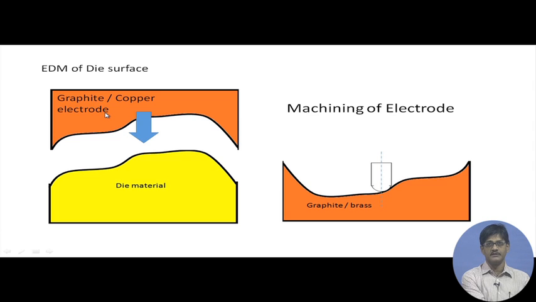But the problem remains: initially, how do we produce this complex 3-dimensional shape on the electrode? However, even though the die material is very hard, tough and strong, graphite and copper are not so. Graphite and copper can be machined very easily.